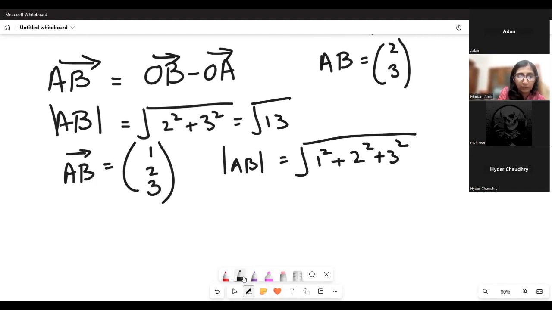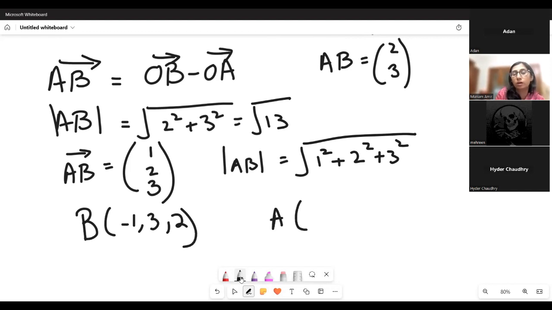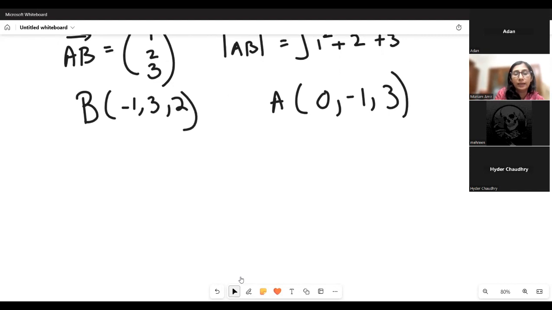Okay. Let's say the coordinates of B given to you are (-1, 3, 2). The coordinates of A given to you are (0, -1, 3). And you're asked to find AB.